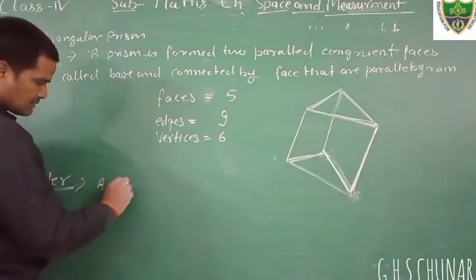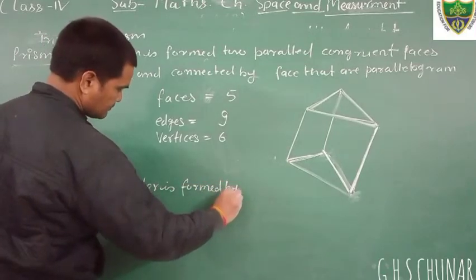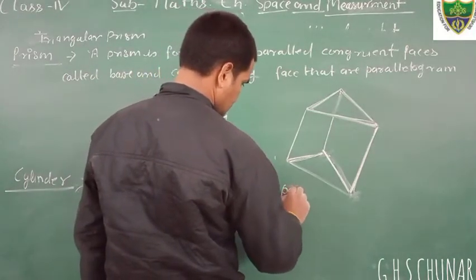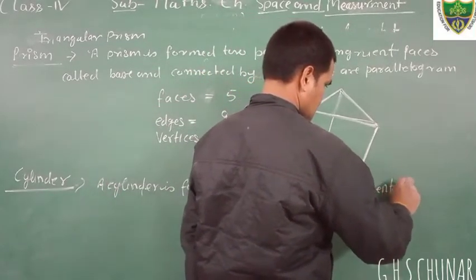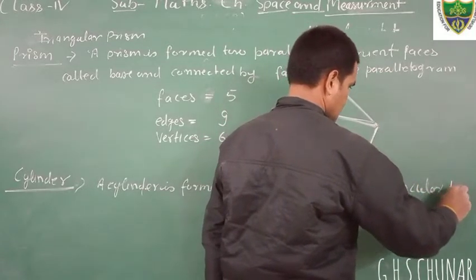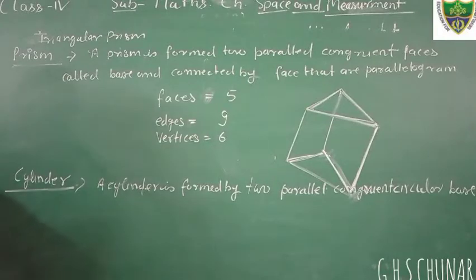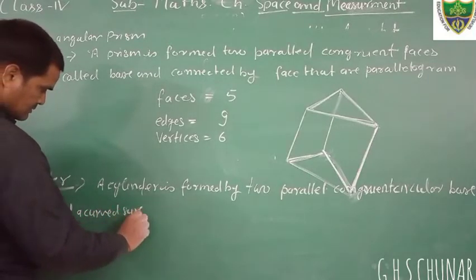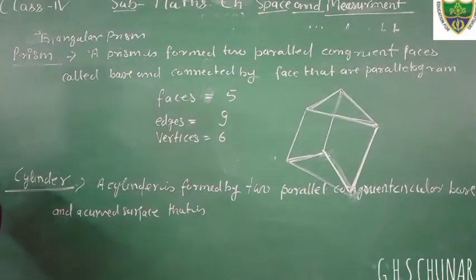Now a cylinder. A cylinder is formed by two parallel congruent circular bases and a curved surface that is connected to the bases.